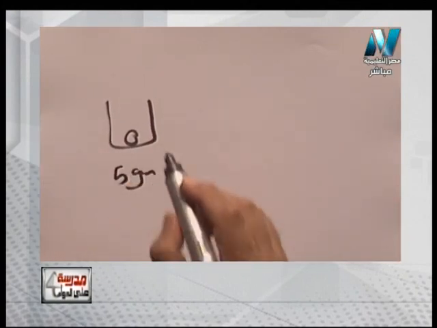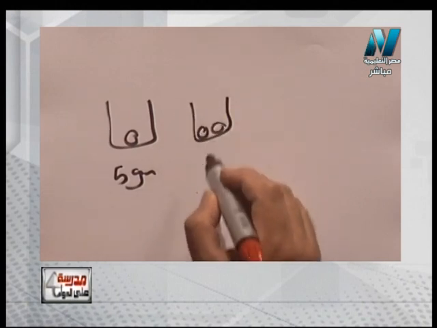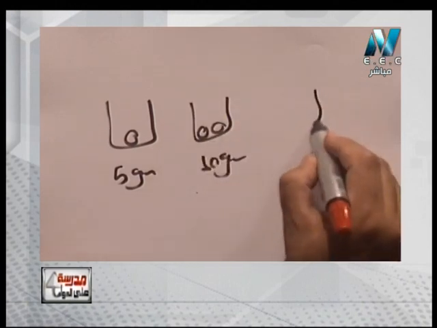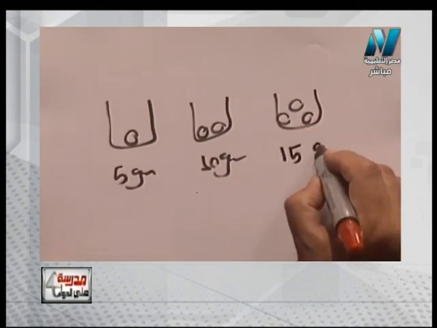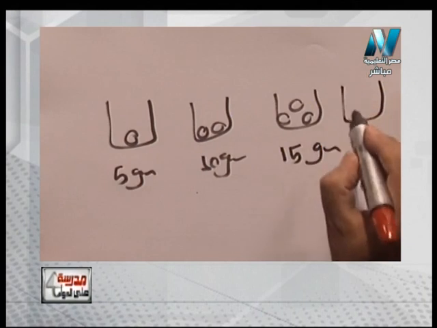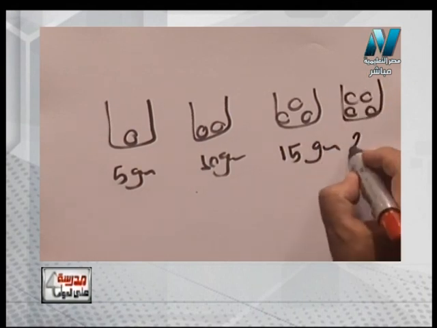If I put another marble in the same bag they will be 10 gram. If I put another marble, 3 marbles like this, they will be 15 gram. If I put the fourth marble it will be 20 gram.